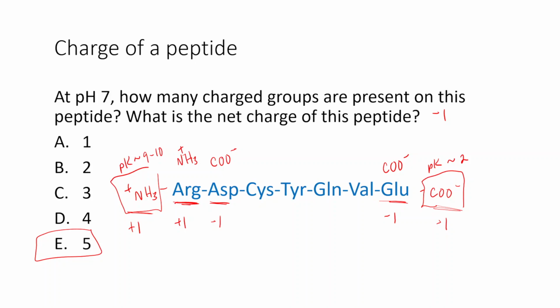In general, regardless of the pH, always think about the N terminus and the C terminus. Let's say you're at pH 1. Then everything's protonated, so your terminal carboxyl group would be protonated and neutral. You have to think about it because whether it's charged depends on the pH.